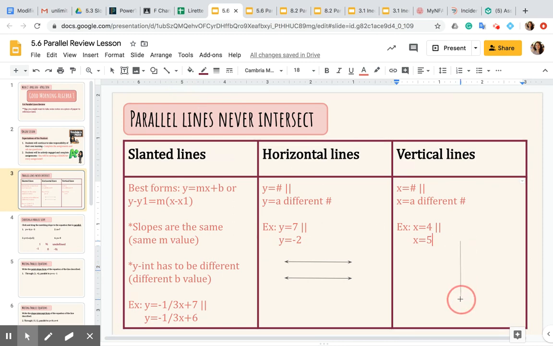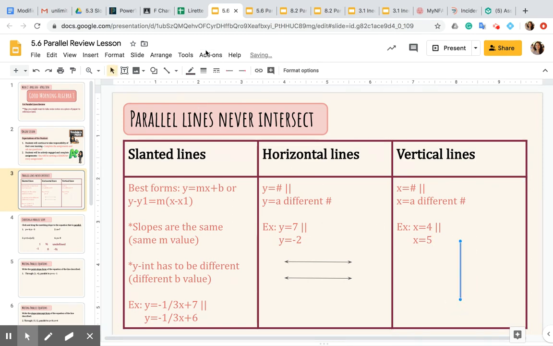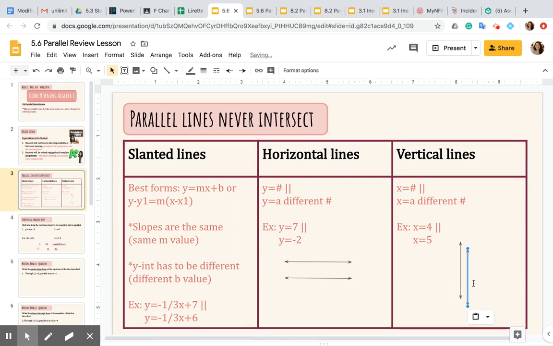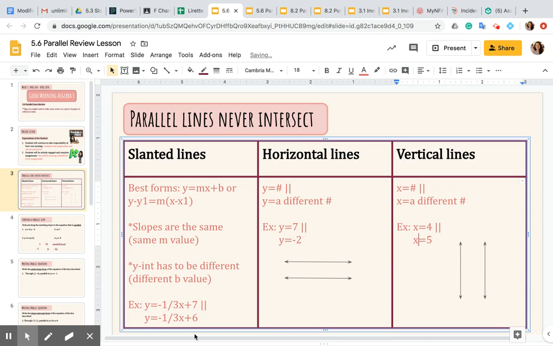It's a straight up and down line. I'm going to put arrows as well. And in order for this to be parallel to another line, in order for this to not cross another line, that line has to also be vertical, a straight up and down line. Okay? So this is just a chart that you'll want to refer to if you forget the criteria that lines have to meet in order for them to be parallel.